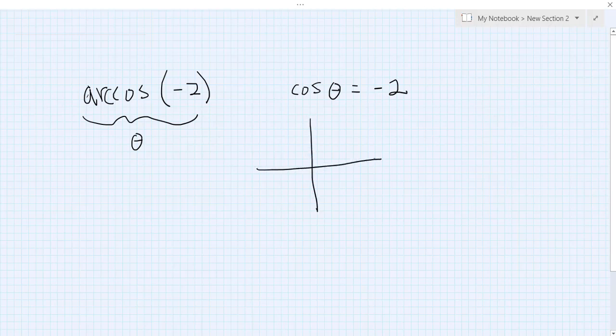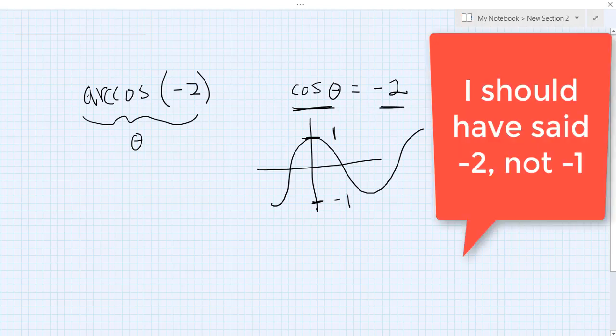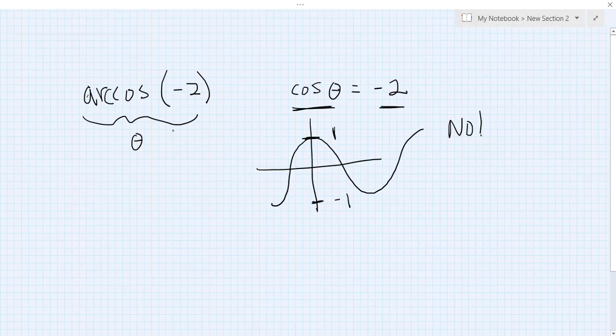If you look at the graph of cosine theta, the highest that it goes up to is 1, and the lowest y value it goes down to is -1. So is there any case when cosine theta is equal to -2? Well, the answer is no. So what's the answer to this problem? Does not exist.